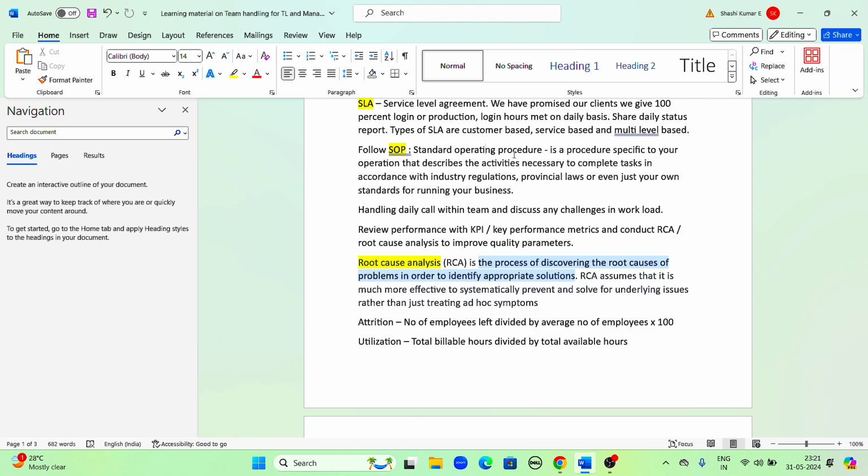In case there are a few companies where SOP might not be there, you should be able to frame it so that the people who join after you, whether analyst or senior analyst, can refer to this SOP, where it will be helpful for them.